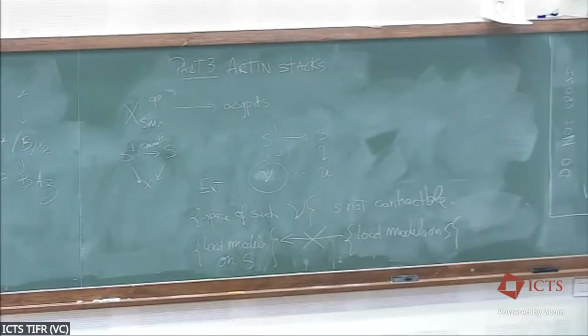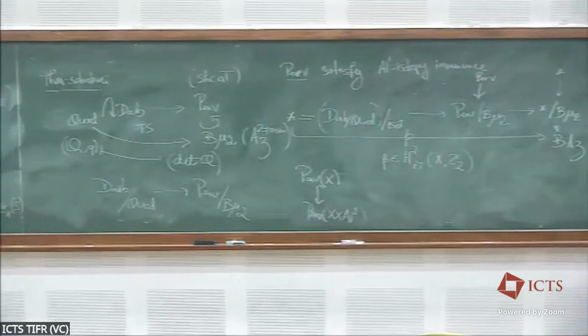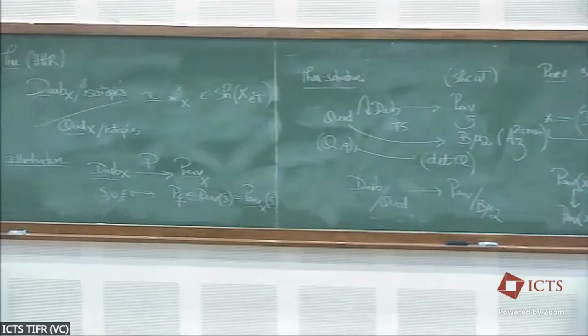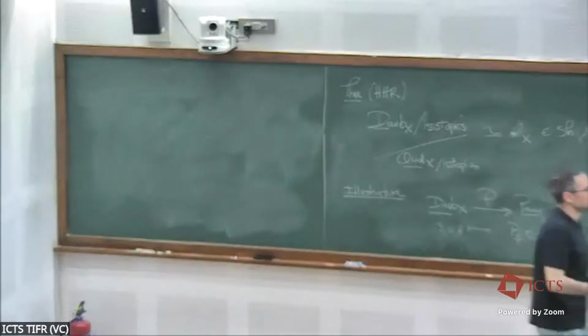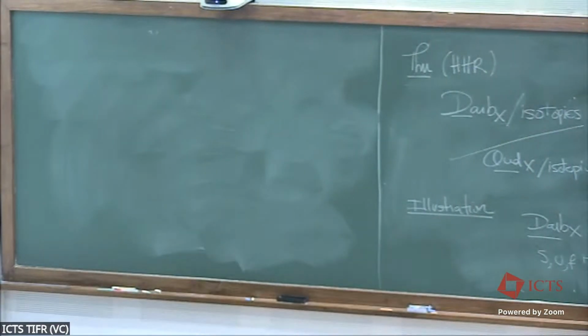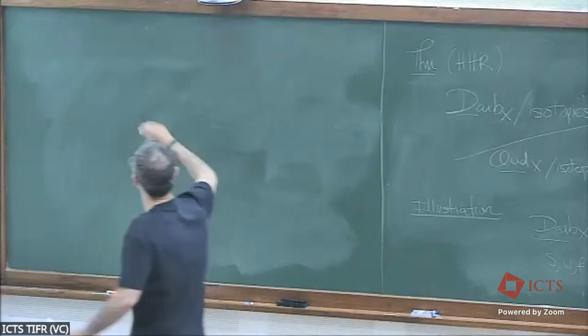And this allows you to define a Darboux stack up to A1 invariants, which is good enough to prove the contractibility. And it's good enough for all the applications we have in mind. So let me keep here the key lemma.